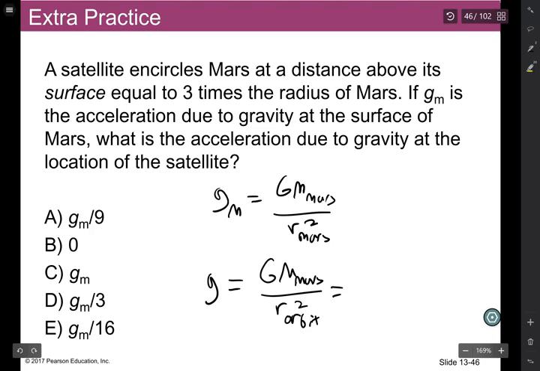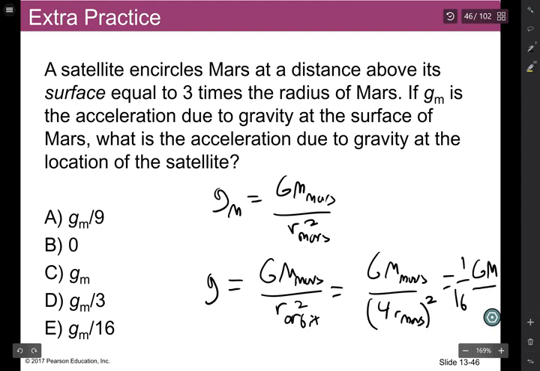But the radius of the orbit is the distance from the center to the surface plus the distance from the surface to the satellite, which is a total of 4 times the radius of Mars. Which is 1/16 G M over R squared. So it should be that one. Don't forget it's always center to center.